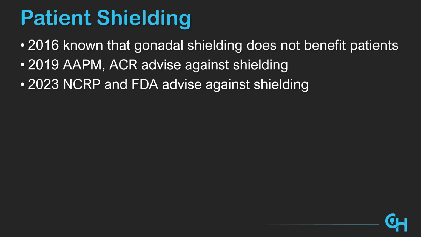And 4 short years later, national recommendations came out from the National Commission on Radiation Protection, as well as the Food and Drug Administration, to advise against shielding. So some fairly substantial policy recommendations from both professional organizations as well as national organizations.